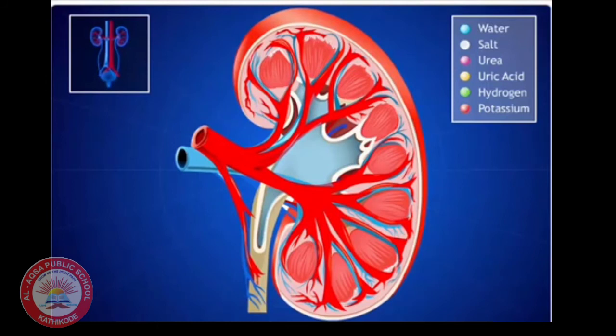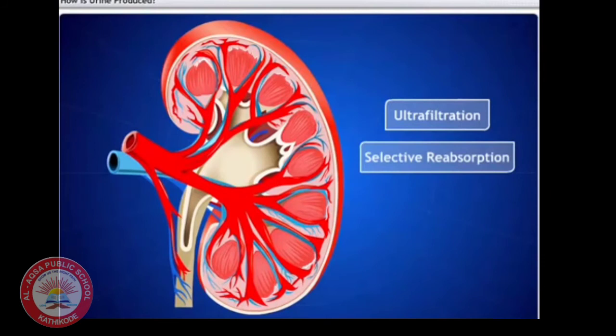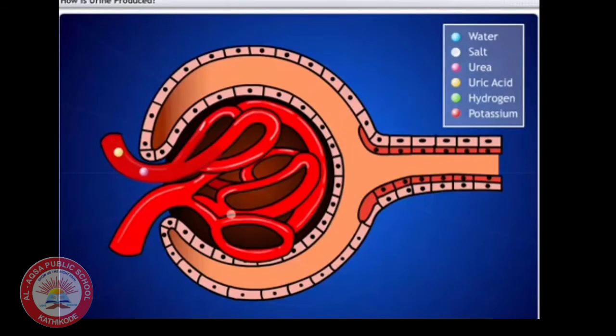The process of urine formation takes place in 3 steps: glomerular filtration or ultrafiltration, selective reabsorption, and tubular secretion. The nephrons filter minerals, waste products, and water, and the filtered blood moves to the vein.